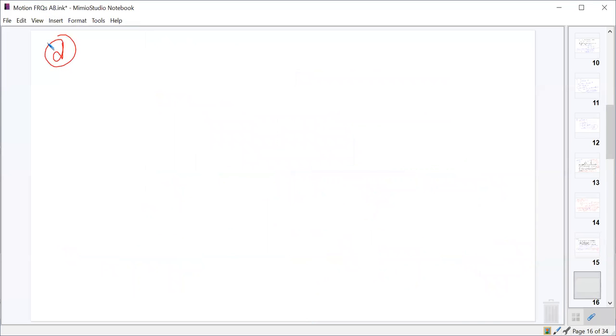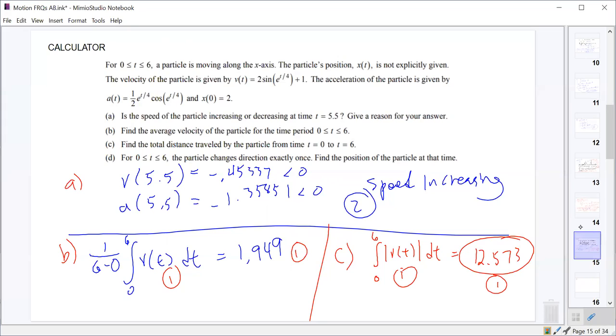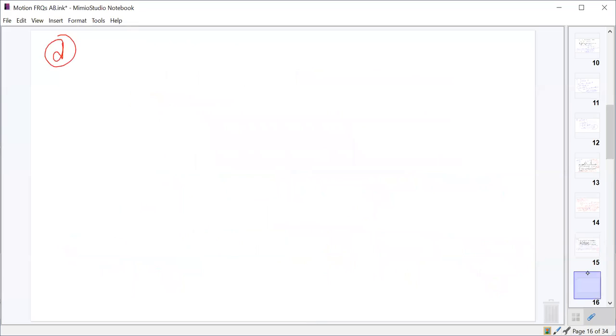And then part D. It says the particle changes direction exactly once on the interval 0 to 6. Find the position of the particle at that time. So first off, we got to find that time. To find when the particle changes direction, we got to set v of t equal to 0, which gives you a t value. When you graph v of t and you look for its x-intercept, it gives you 5.19552.